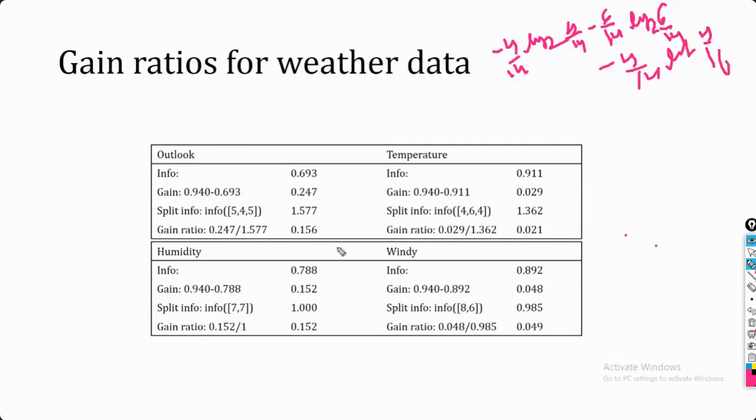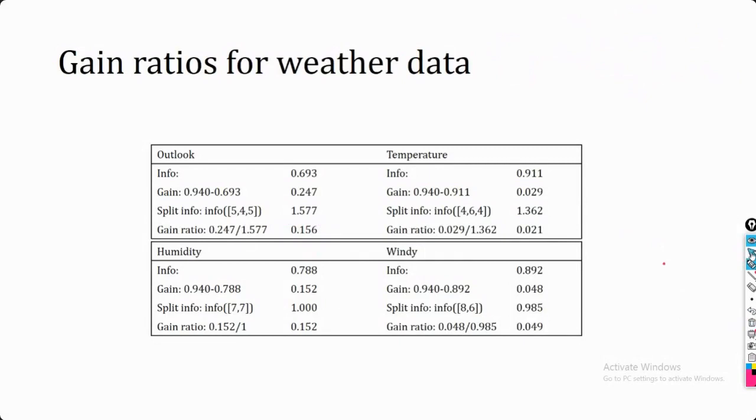The same way we will calculate it. Now in all the cases we will select the attribute which has the largest gain ratio. For this case, the largest gain ratio we are getting is for your outlook, so again your selection is going to be outlook.